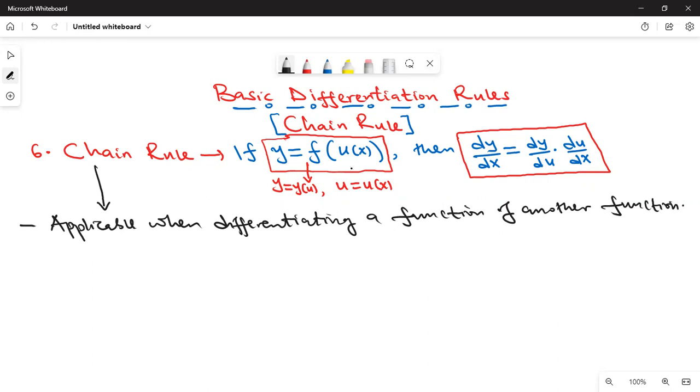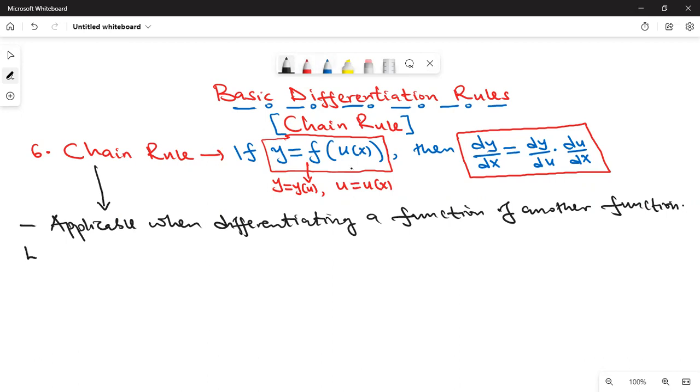So that means when you have a function of another function, just like in this case, y is a function of u and u is a function of x. There's no derivation for this rule. We simply apply the formula to solve these problems.